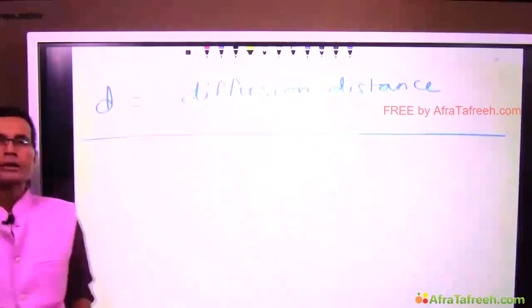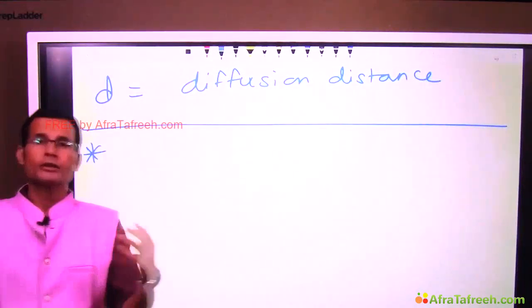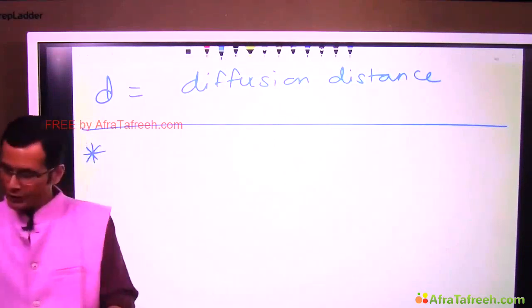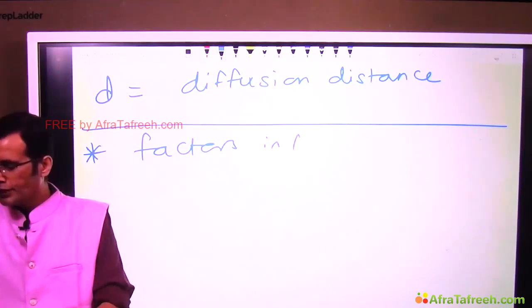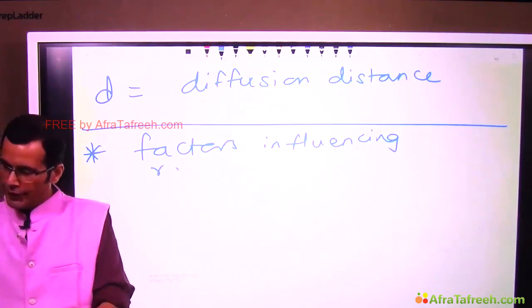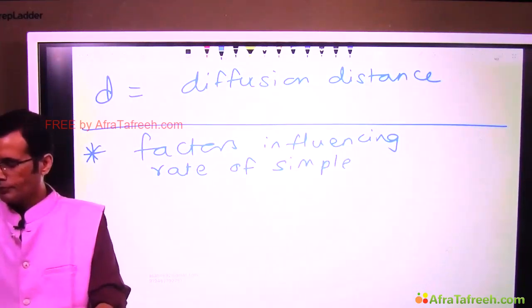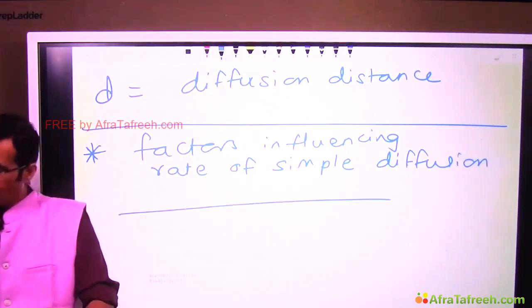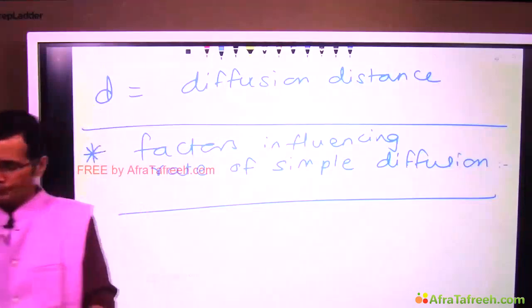Alright, now let us discuss these factors in detail with suitable examples. So, the next point is factors influencing the rate of simple diffusion. Examples are important, so I would suggest you to look at the examples carefully.